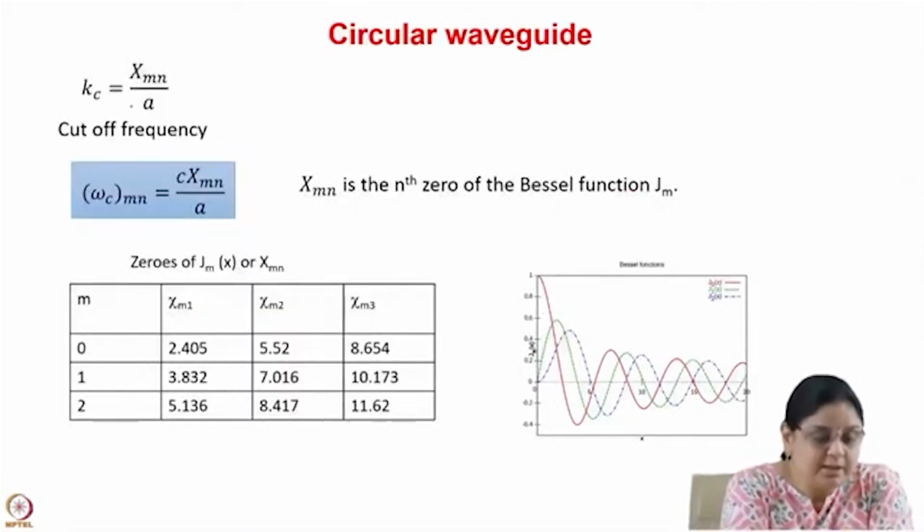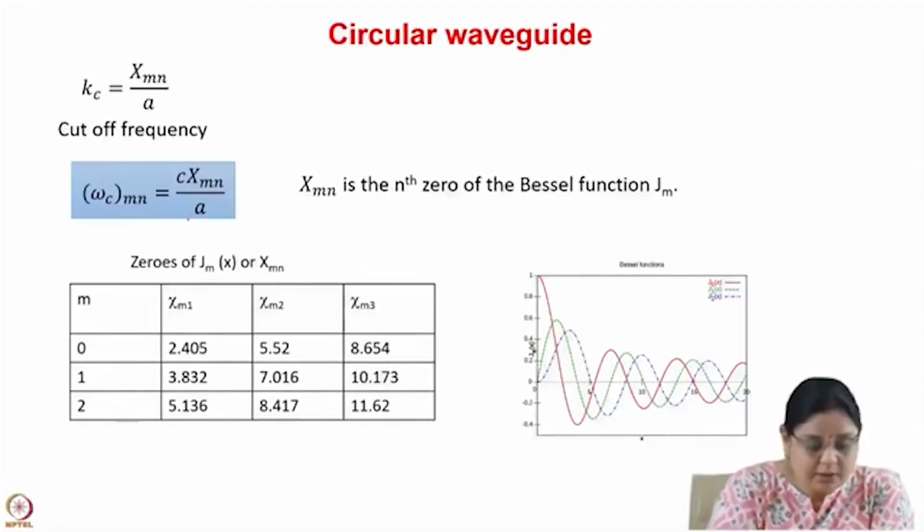So kc is equal to xmn by a, where xmn denotes the nth zero of the Bessel function Jm. From here you can calculate the cutoff frequency, omega c mn, given by c xmn by a.